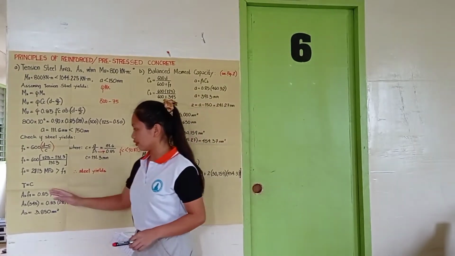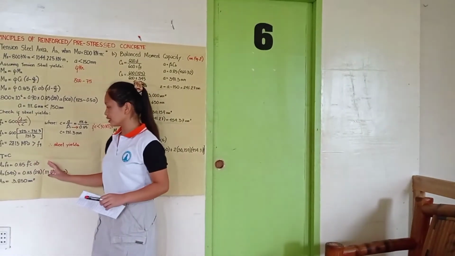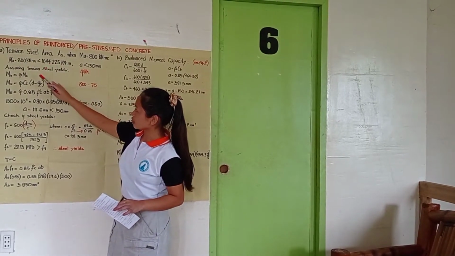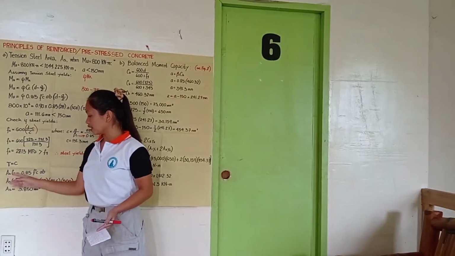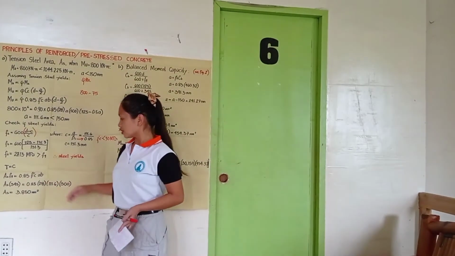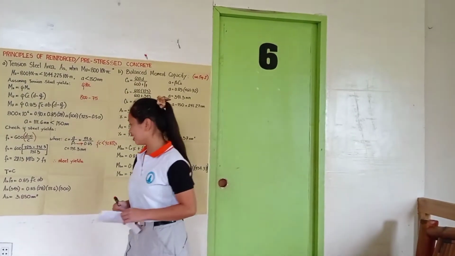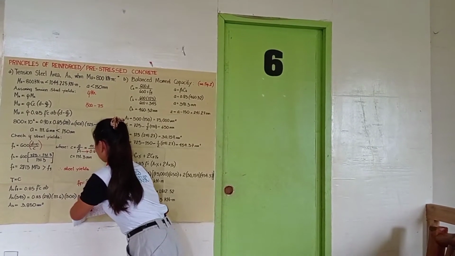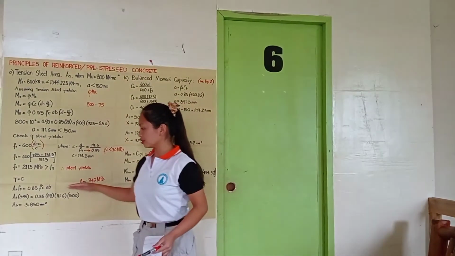So when our force of tension is equal to our force of compression, that is T equals C, we can now solve for our required tension steel area AS. We will use the formula AS Fy is equal to 0.85 F prime of C times AB. Since we already have the value of Fy from our problem earlier, that is 345 MPa, we will substitute it here.